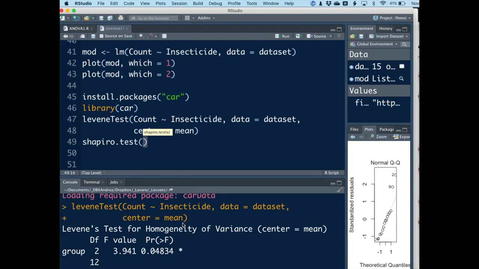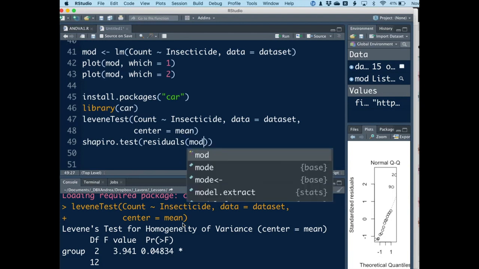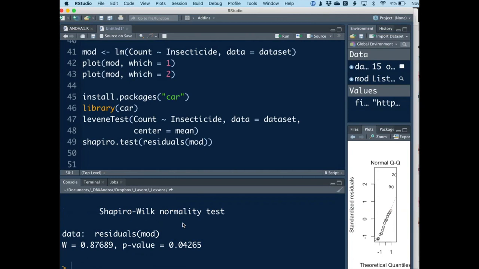And we pass the residuals of the model. This is to establish whether the residuals are Gaussian or not. We see here, again, a p-value of 0.04. So here again, we reject the null, and the residuals are not Gaussian.